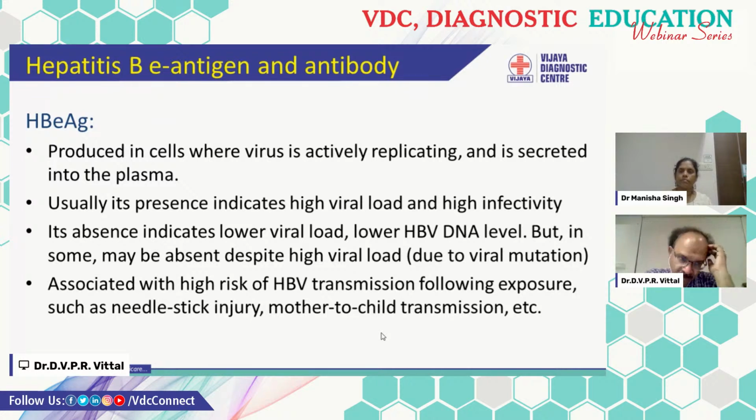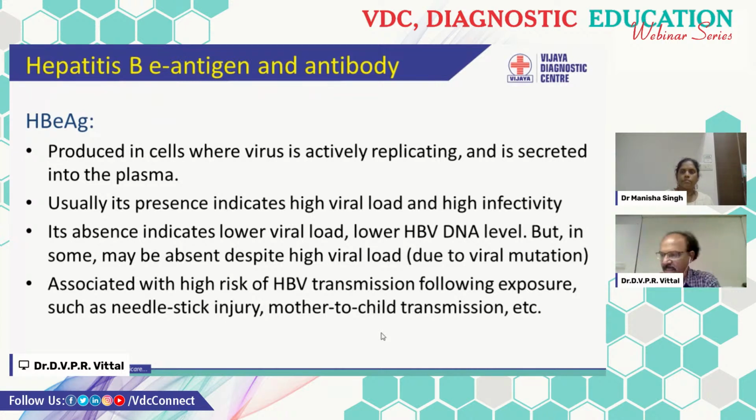So, the absence of this particular antibody indicates low viral load, because there is less multiplication or no multiplication, and the DNA level also is very low. Sometimes this particular antibody may not be seen, but the anti-hepatitis E antibody may be seen in some patients with mutations.